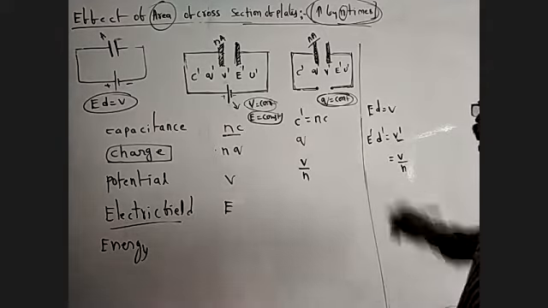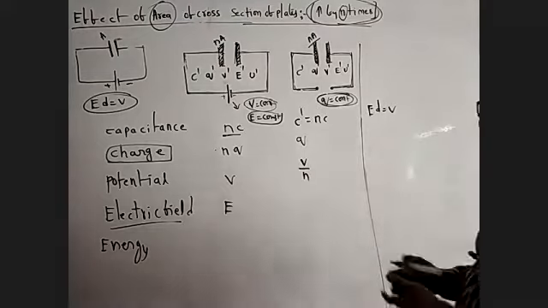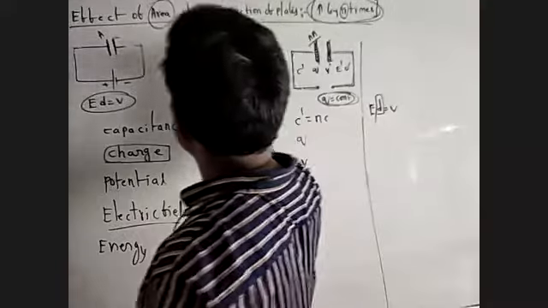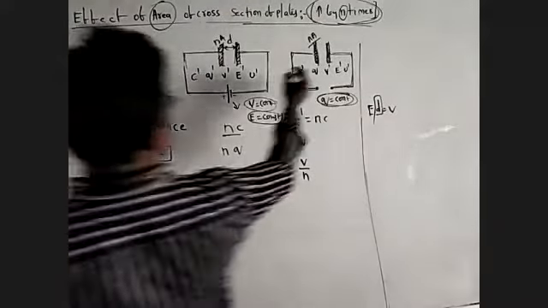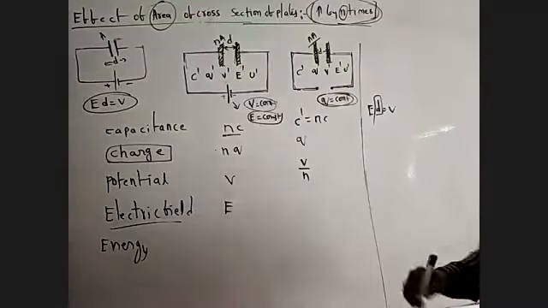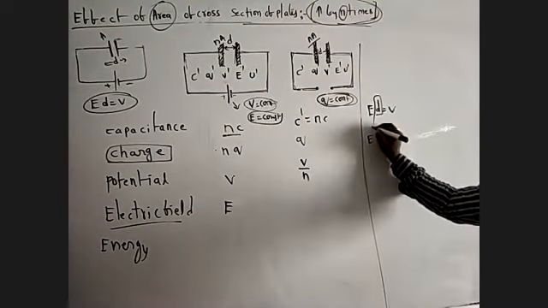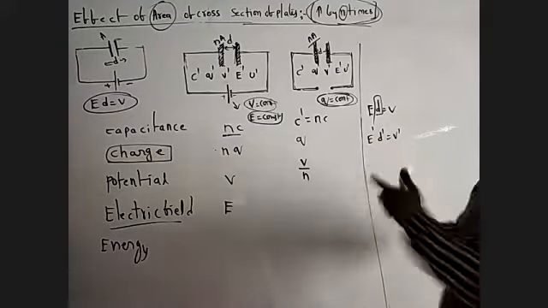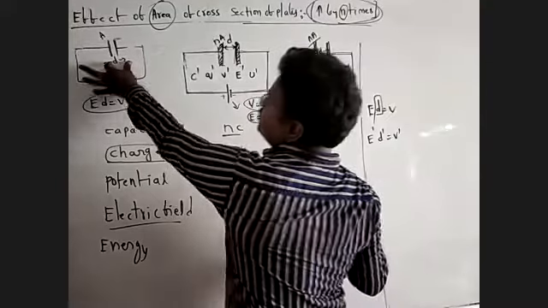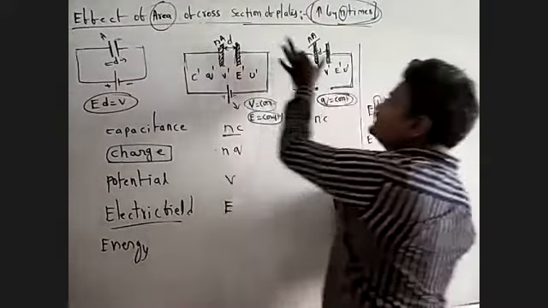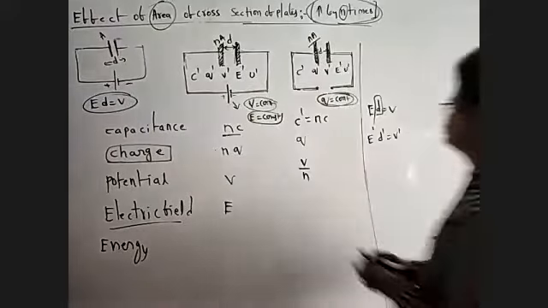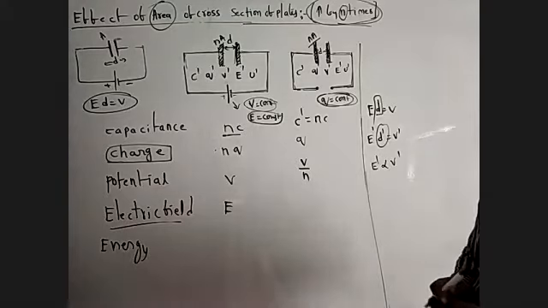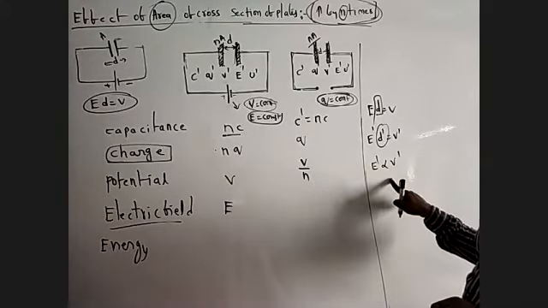Directly, I'm going to write: d is constant. The distance between the two plates is constant. I'm not changing it. Using d dash and V dash, since the distance between the plates is the same, E dash is directly proportional to V dash.